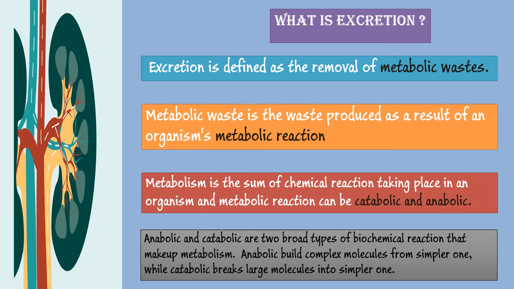Anabolic and catabolic are two broad types of biochemical reaction that make up metabolism. Anabolic reactions build complex molecules from simpler ones, while catabolic reactions break large molecules into simpler ones.